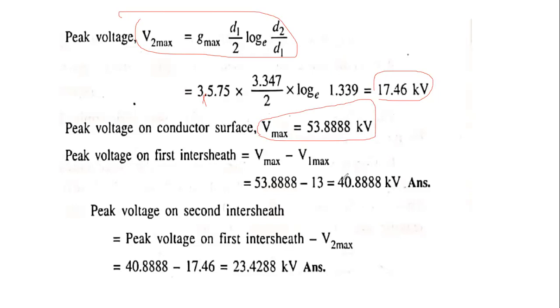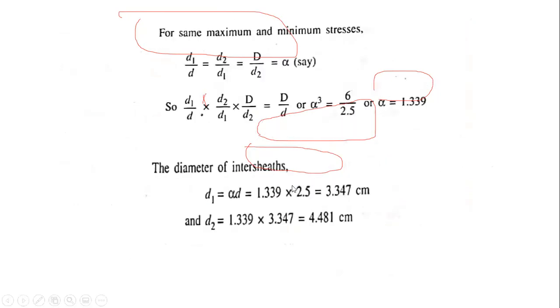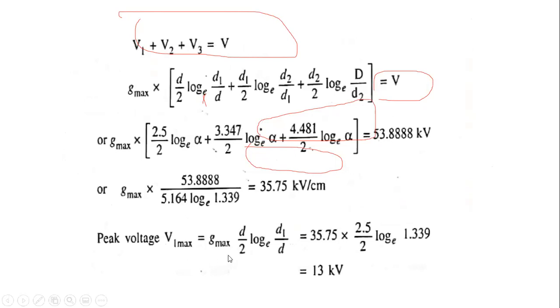What is the formula for the peak voltage on the first intersheath? That is V max minus V1 max. We already calculated the V max and the V1 max. V1 max is equal to 13 kilovolts.